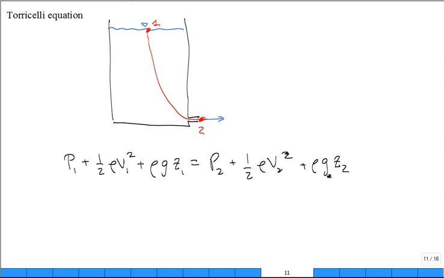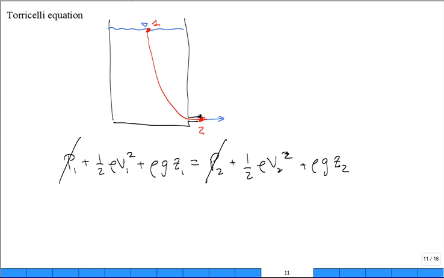True? Now, what is the pressure at 1 versus the pressure at 2? The static pressure. Well, they're both ambient air pressure. So P1 is equal to P2. The static pressure, it's just discharging out into the atmosphere at 2, and the surface of the water is at 1.